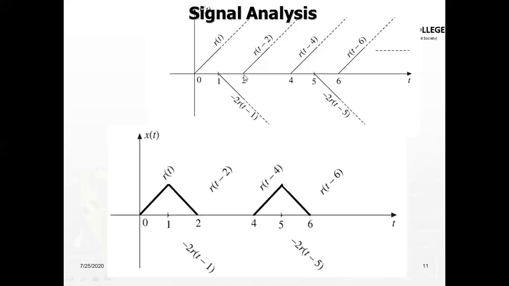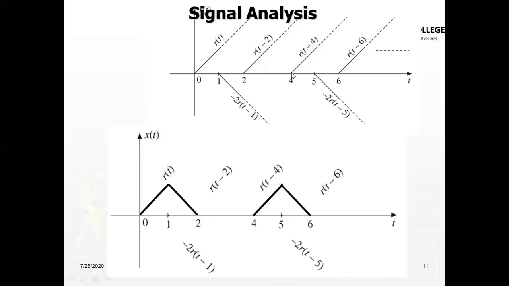And at t equals 2, there is another ramp: between 1 and 2 the slope is -1, and at t equals 2 there is another ramp with a slope of +1. So +1 -1 will become 0, and therefore between 2 and 4, the signal will be 0.